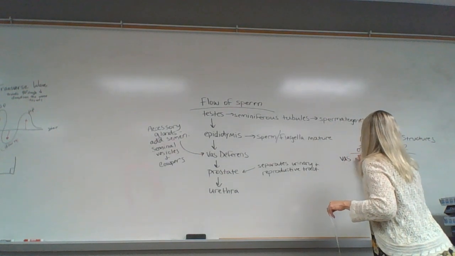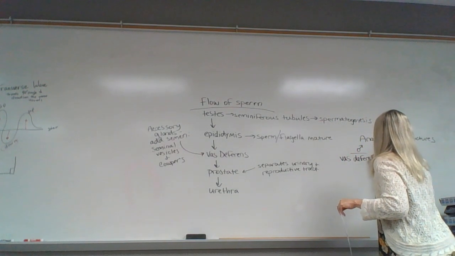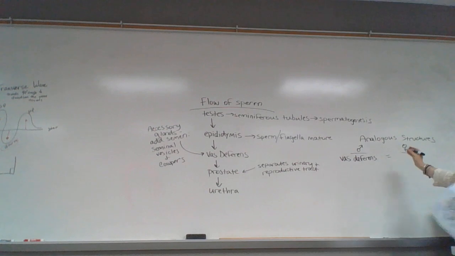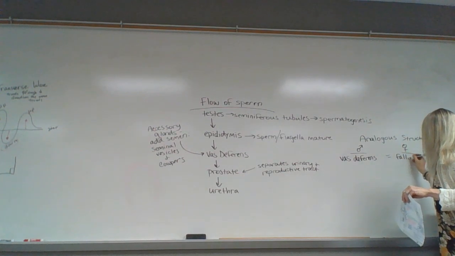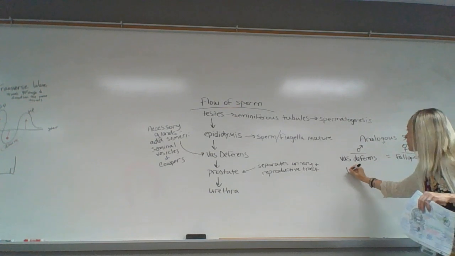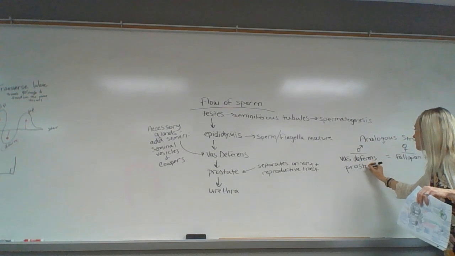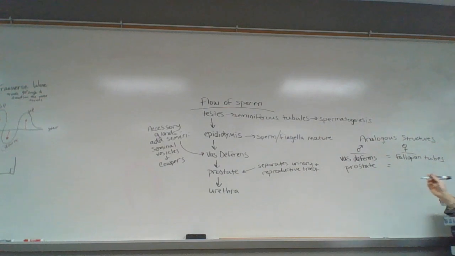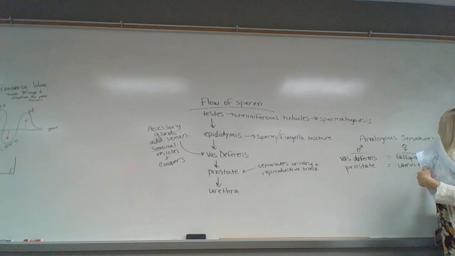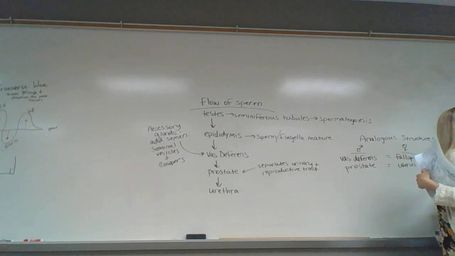All right, so analogous structures. The vas deferens in males is the same thing as what in females? You got it, fallopian tubes. Good. What about the prostate? The prostate was the uterus and the Skene's gland.